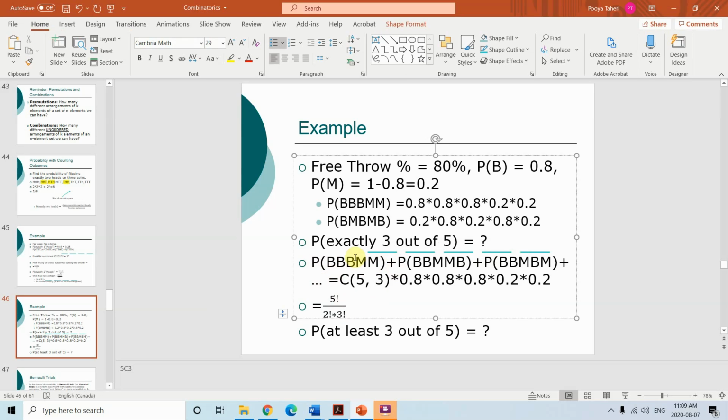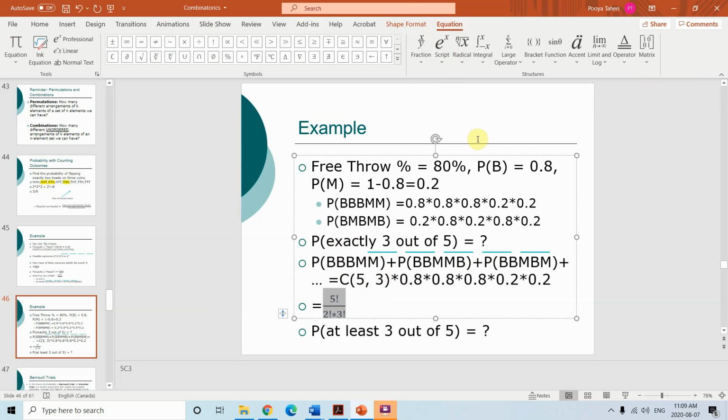For each of these sequences, the probability is 0.8 raised to power 3 times 0.2 raised to power 2.